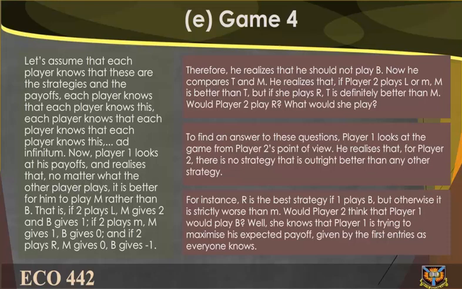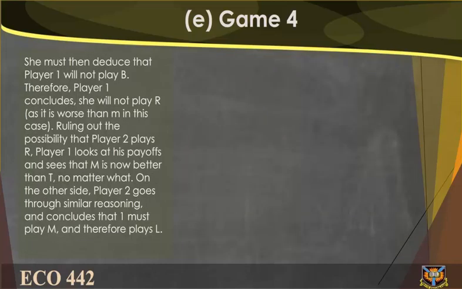Well, she knows that player 1 is trying to maximize its expected payoff given by the first entries, as everyone knows. She must then deduce that player 1 will not play B. Therefore, player 1 concludes she will not play R, as it is worse than M in this case.